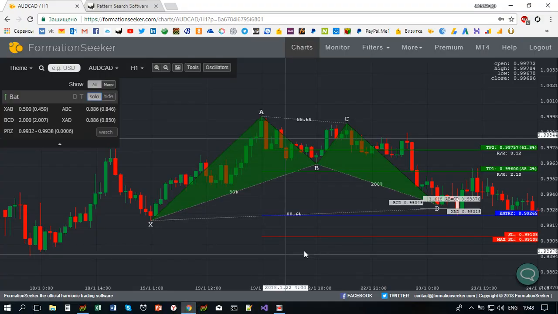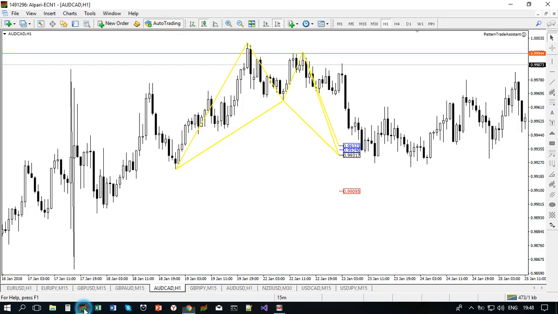Okay, so let's find the first level. X to A ratio is 99.319 and I have 99.317. It is 2 decimals of pip difference. Why do we have this difference? Maybe because of differences in quotes between brokers, yes?